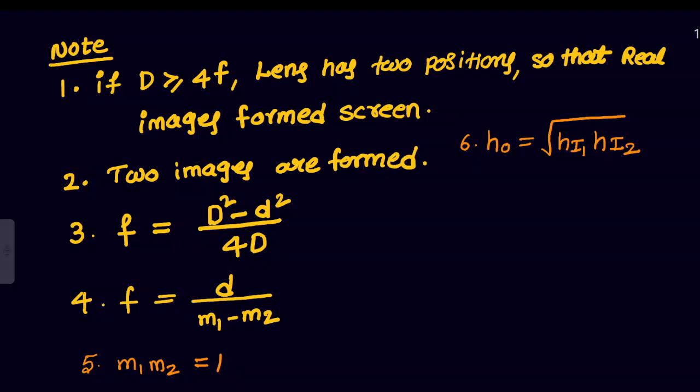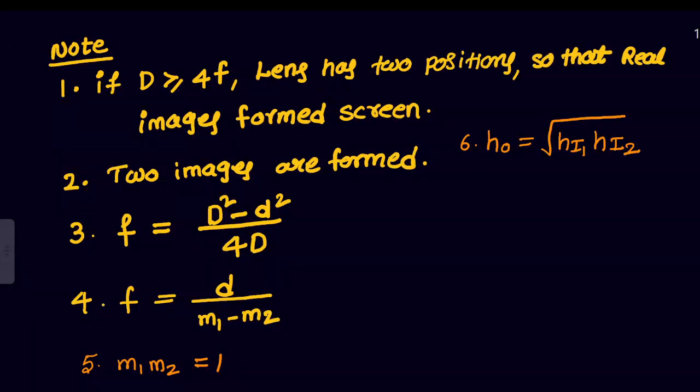These are the things you need to remember for the lens displacement method. The first thing: if the distance between the object and the screen is greater than or equal to 4f, then two positions are possible, and you can form two images.